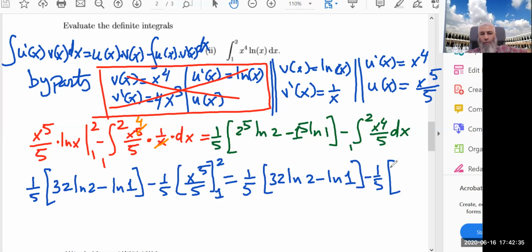The upper limit is 2 power 5, which is 32, minus 1 power 5, which is 1, over 5.